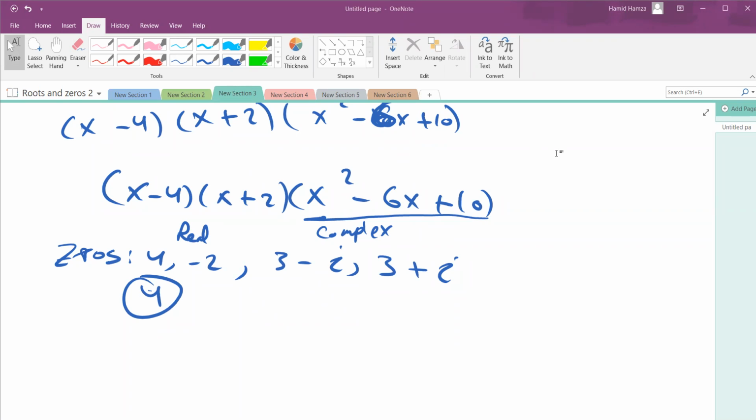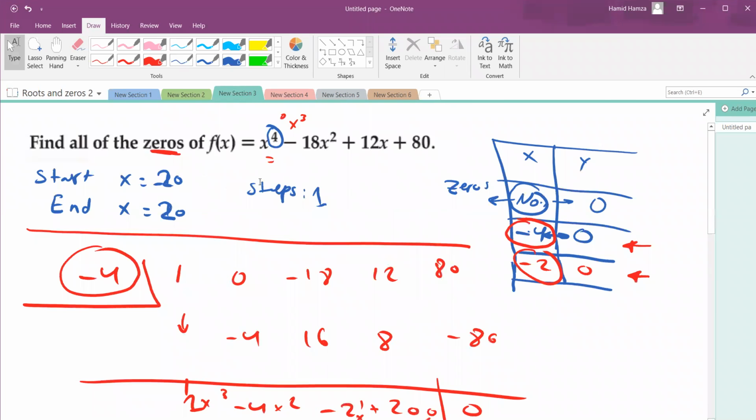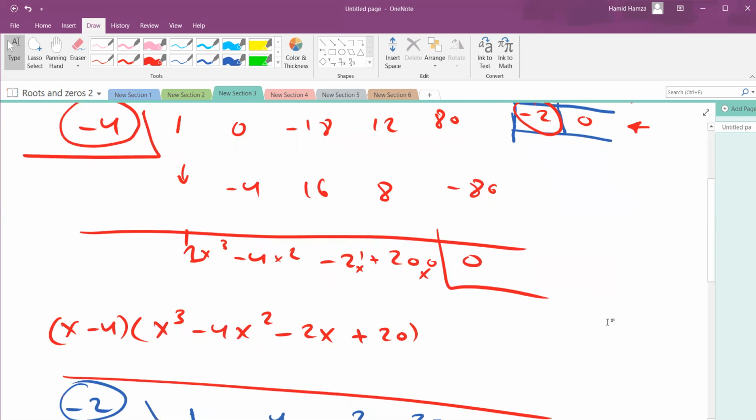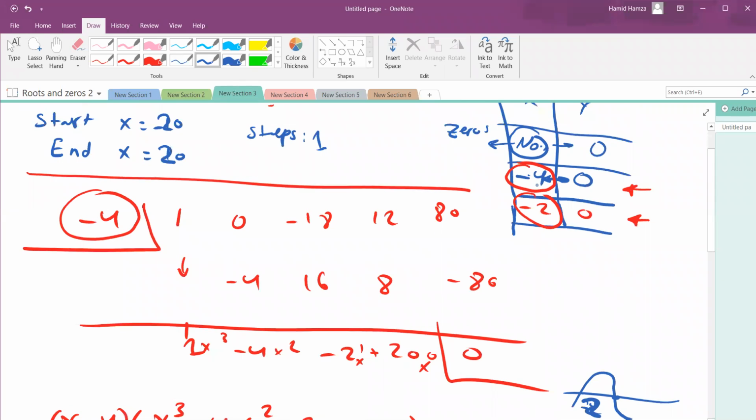If you use Desmos and graph this one, it gives you zeros also. So by graphing or by forming tables. If you use the graph, you will find the graph like this. It cuts at 2 and 4. Always the opposite sign.